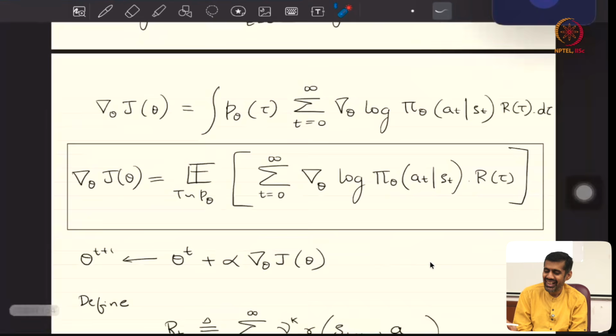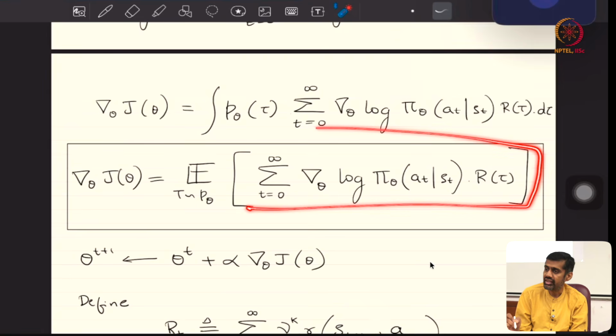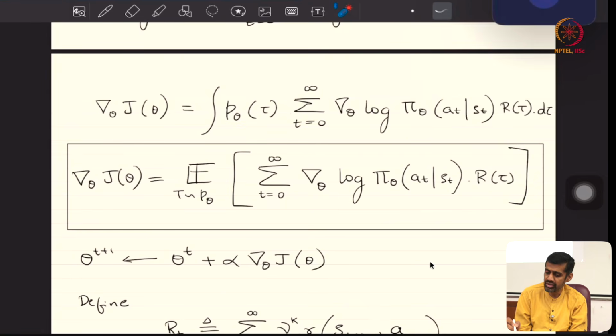So, you can write the gradient of the expected reward in terms of this particular thing. Look at this. There is a gradient of the log of the policy multiplied by the reward. The beauty of this entire theorem is that every term inside this is computable now.